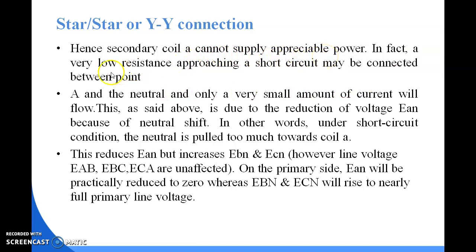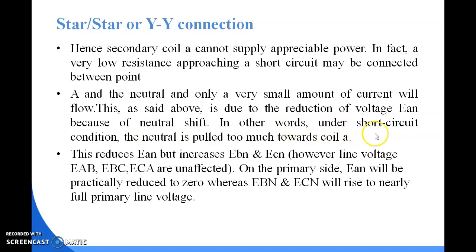In fact, a very low resistance approaching a short circuit may be connected between the points A and the neutral, and only a very small amount of current will flow. This, as said above, is due to the reduction of voltage E because of neutral shift.